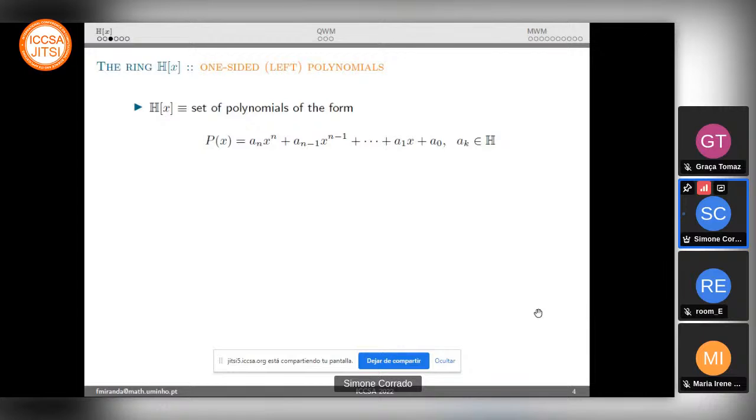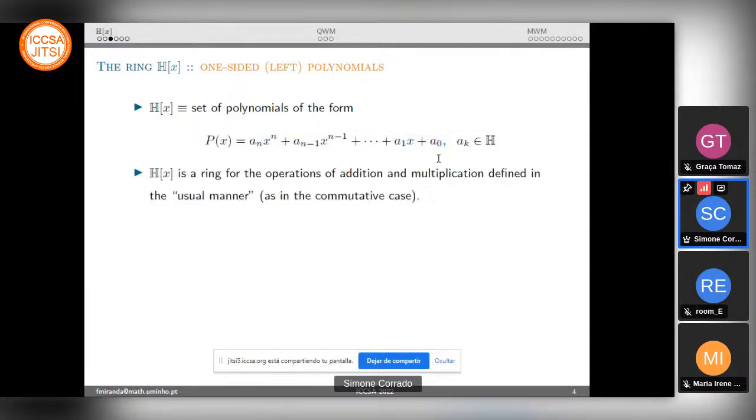Okay, so we'll talk about a special kind of polynomials. The one-sided left polynomials are polynomials defined like this, where the coefficient is always on the left-hand side of the powers of x. In this ring, the addition and multiplication are defined as in the commutative case.